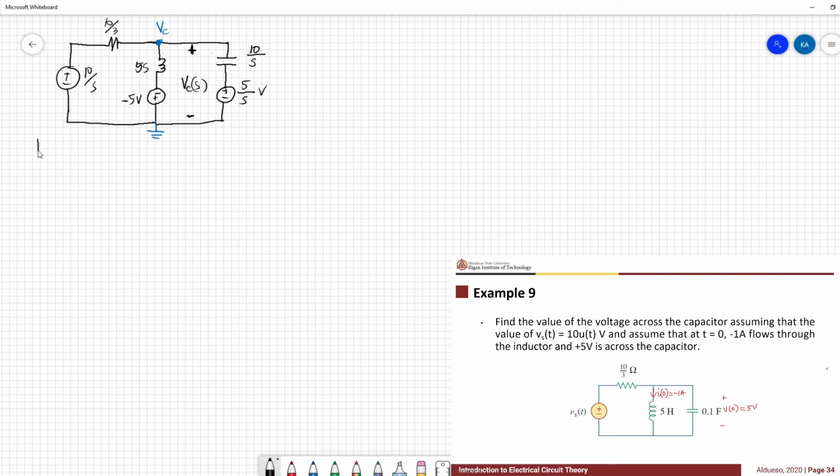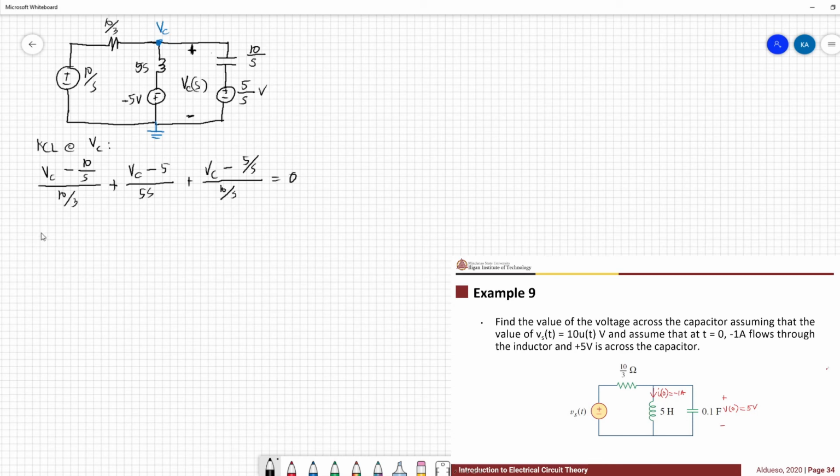So applying KCL at VC, we have VC minus 10 over S over 10 over 3, plus VC minus 5 over 5S, plus VC minus 5 over S over 10 over S, equal to 0.